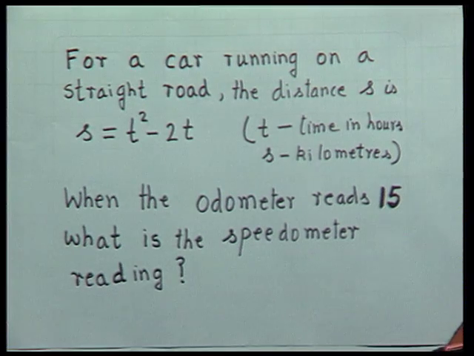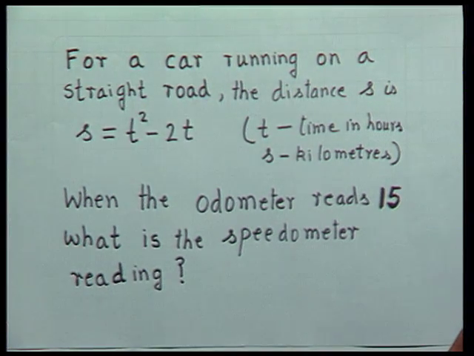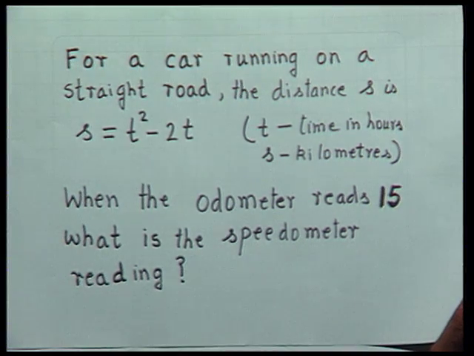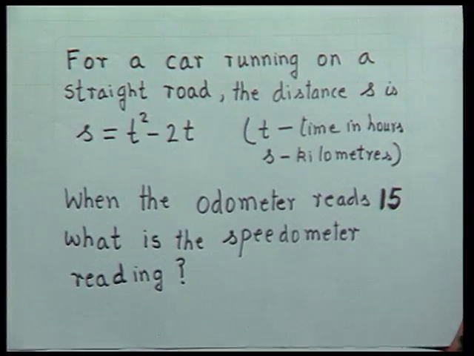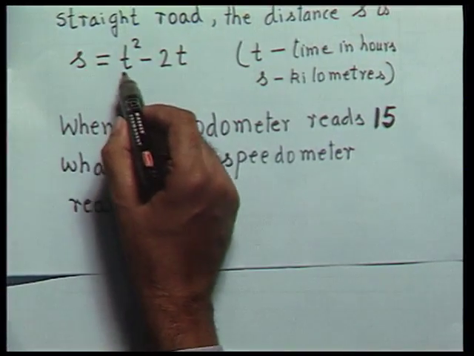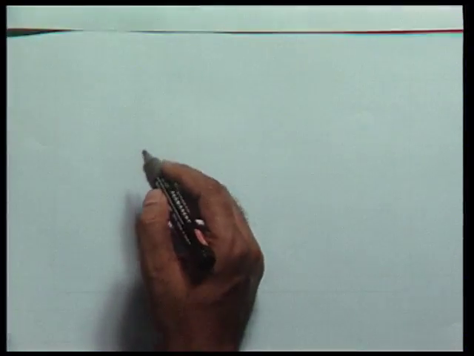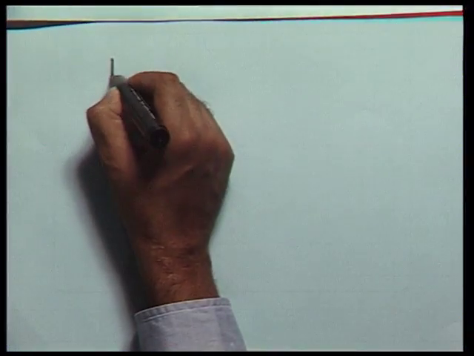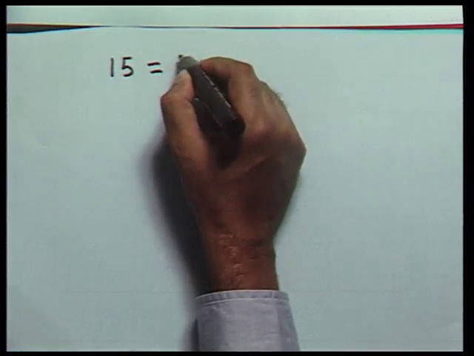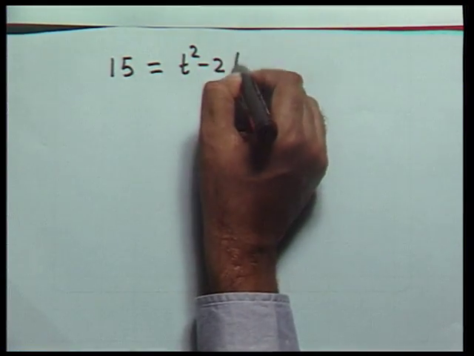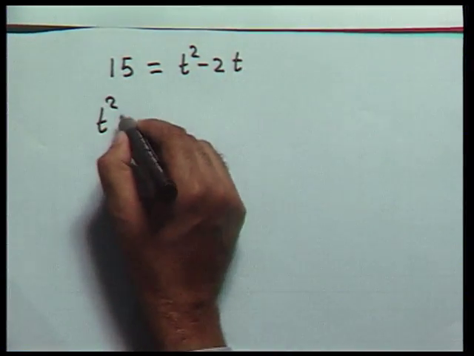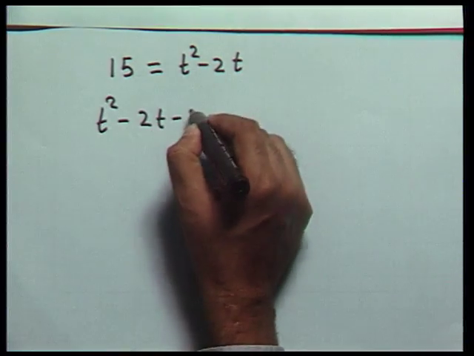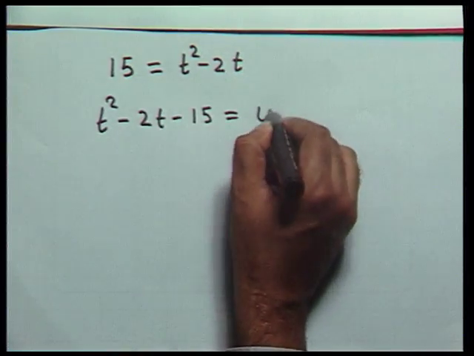Well, we first need to find out, if the car has traveled 15 kilometers, how much time did it take to do that, or when it is at the distance 15, what is the instant of time? So, by the expression s equal to t square minus twice t, I get 15 is equal to t square minus twice t, or t square minus twice t minus 15 is equal to 0.